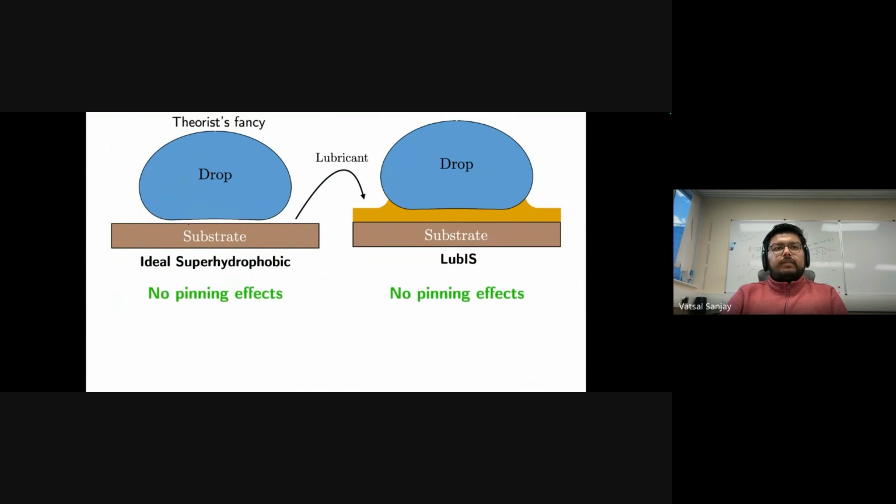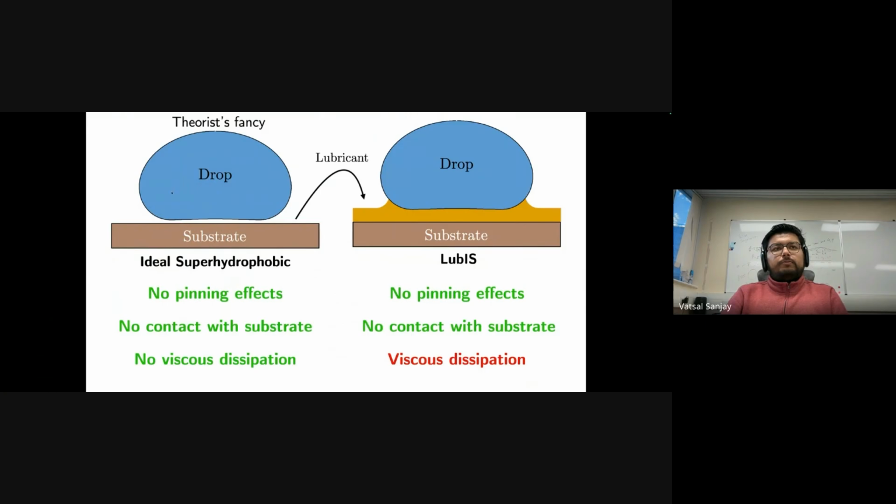If we compare these two cases, neither of them have pinning effects, because there are no pillars, and both of them are smooth. Neither of them have any contact with the surface, meaning the drop never touches the surface, either in this case or in this case. However, there is one key difference between the two.